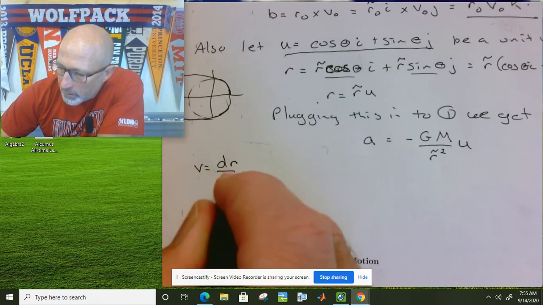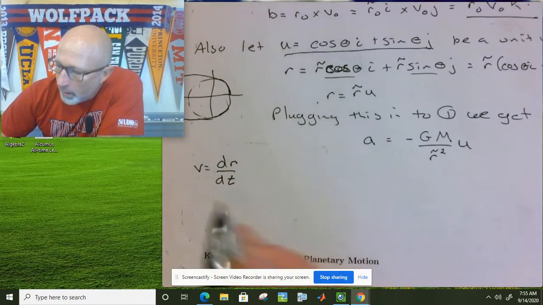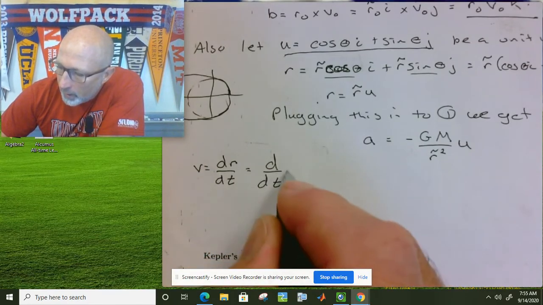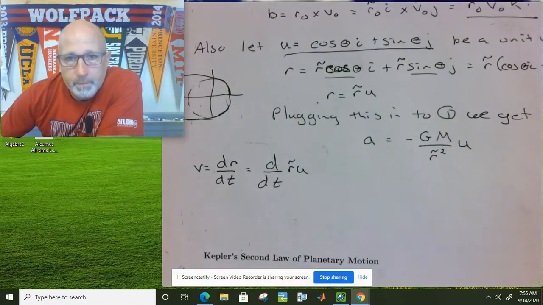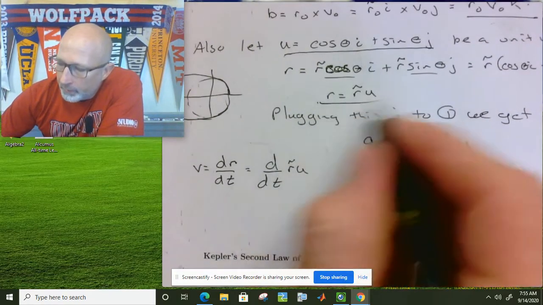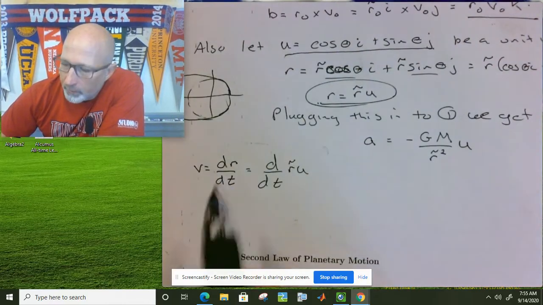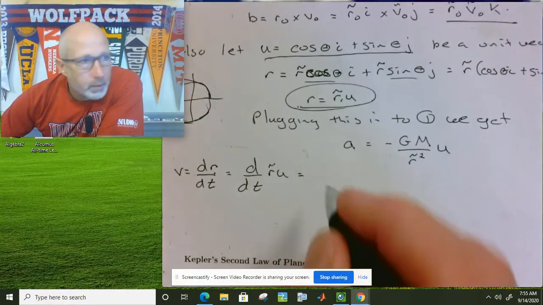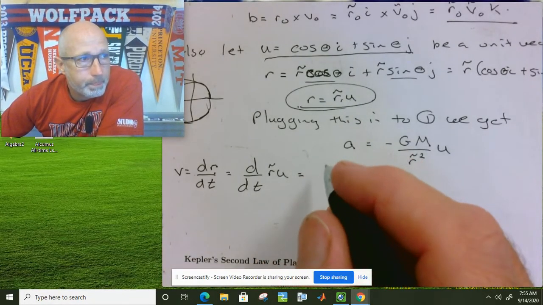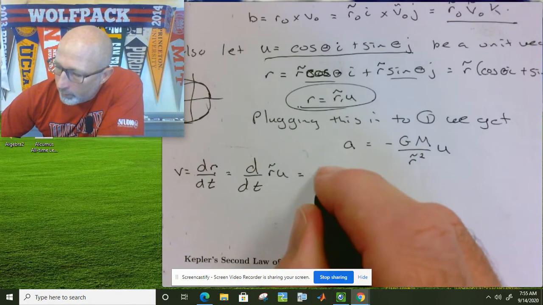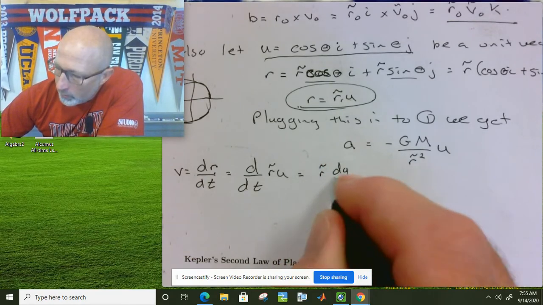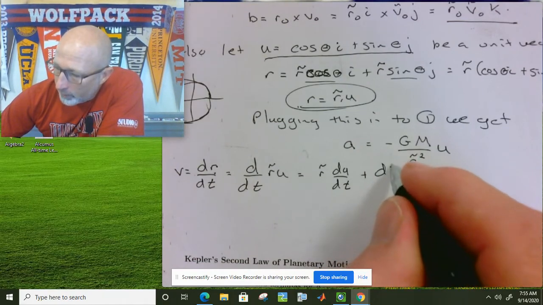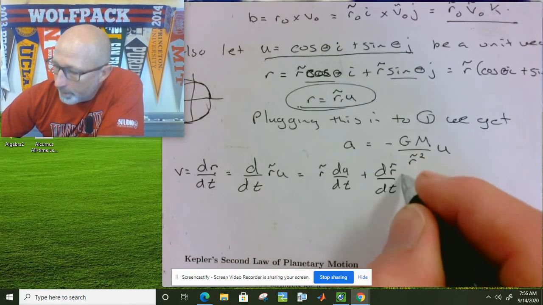That's just the definition of velocity, which in turn is equal to d dt of r tilde u, by that substitution. Instead of r, I have r tilde u. Using the product rule, this is going to be equal to r tilde du dt plus dr tilde dt u.